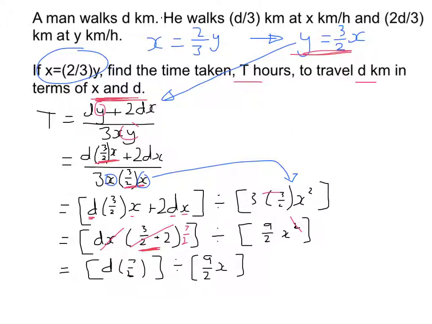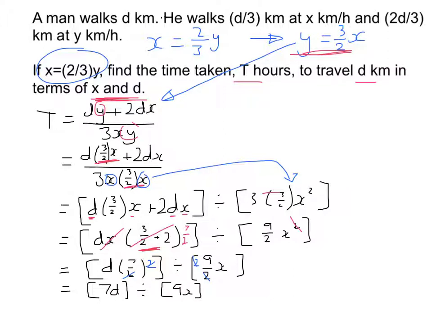And now what I'm going to do is I'll multiply both the top line and the bottom line by 2. So if I times this one by 2 and I times this one by 2, that will cancel that down, and that will cancel that down, and that will leave us with, on the top line here, 7d divided by 9x.